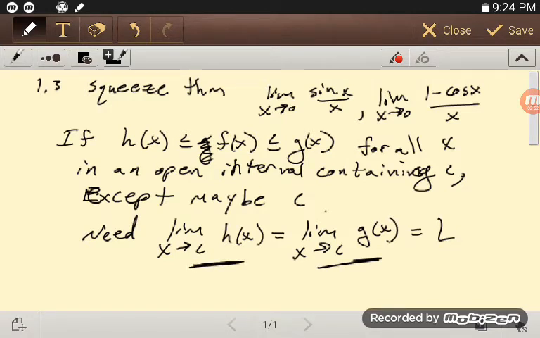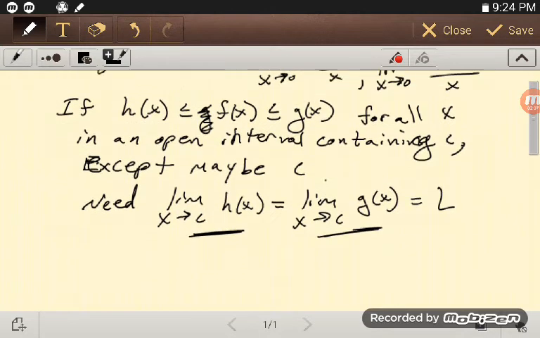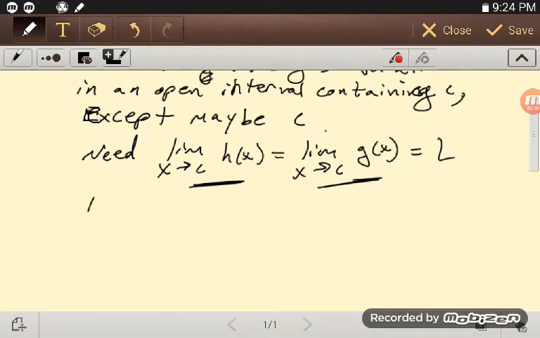It's not just that the limit of h as x goes to c exists and the limit of g as x goes to c exists. They have to exist and be equal, because that's how we get the squeeze part. So then the limit as x goes to c of f of x is also equal to L.